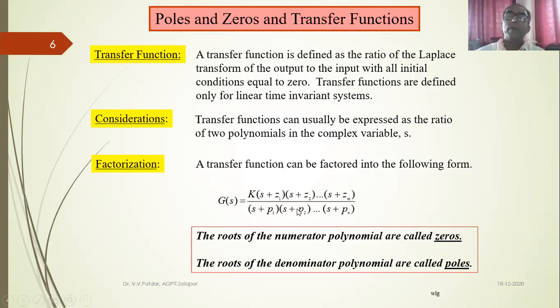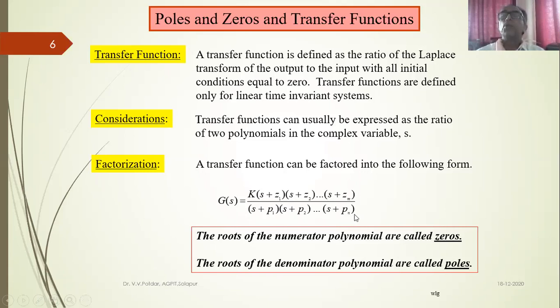At S equal to minus 6, for the factor S plus 6, the denominator becomes 0 and the ratio becomes infinite. So that is called the third pole. And for S equal to minus 7, I got the fourth pole.